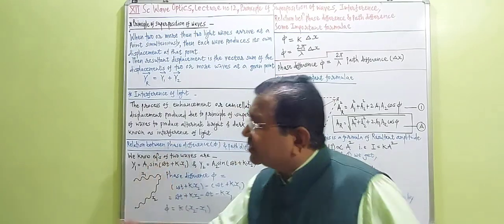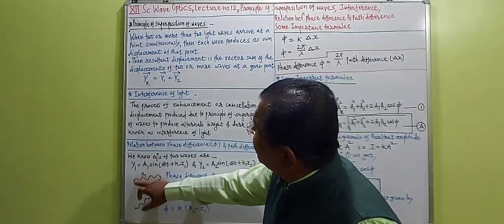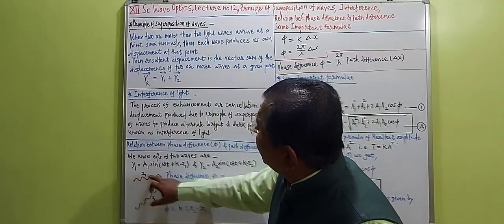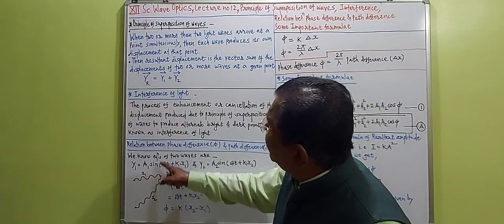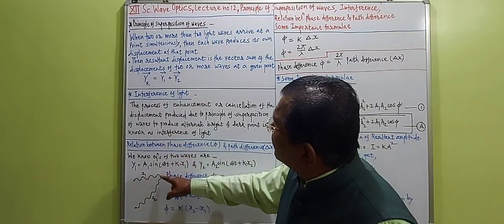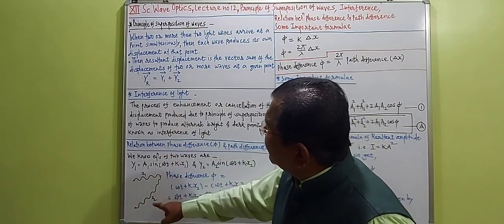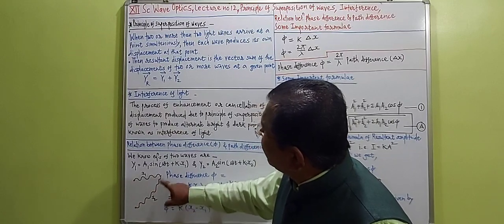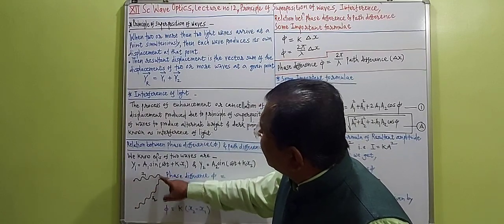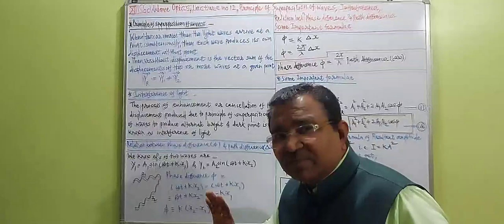Suppose the displacement of the wave traveling a distance x1 up to this point is 5 centimeter upward, and the displacement of the wave covering a distance x2 is 3 centimeter downward.